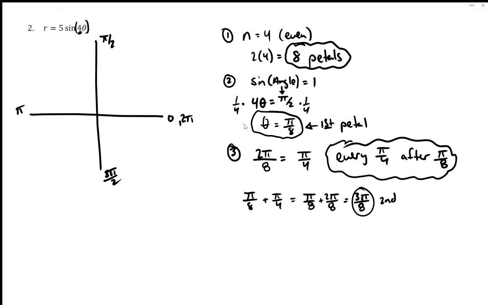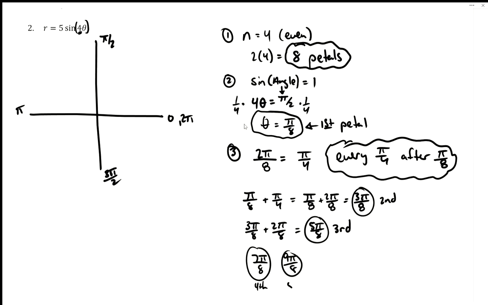Let's keep it going. 3 pi eighths, plus pi quarters, which we make 2 pi eighths right away because we need that common denominator, gives 5 pi eighths. There's where the third petal is. We might even see a pattern here without doing the addition: it's the odd numbers over 8. The next one would be 7 pi eighths, and then 9 pi eighths. So this is the 4th, 5th, 6th, 7th, and then the 8th.